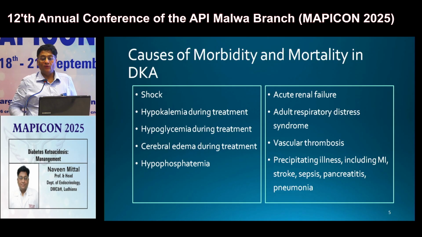Then patient can develop acute renal failure, acute respiratory distress syndrome, vascular thrombosis. Along with that, patient can develop shock, hypokalemia during treatment, hypoglycemia during treatment, cerebral edema or hypophosphatemia. You have to look for these complications and take care of them.